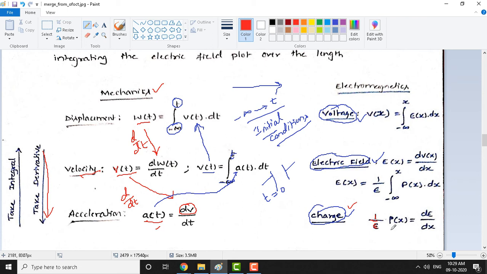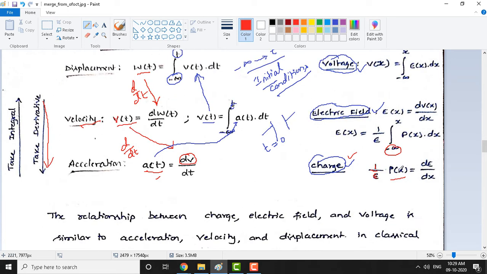If you integrate this between the initial conditions, minus infinity to x, where rho of x is the charge density, with reference to dx, and 1 by epsilon is a constant that you can keep outside, that gives the electric field.